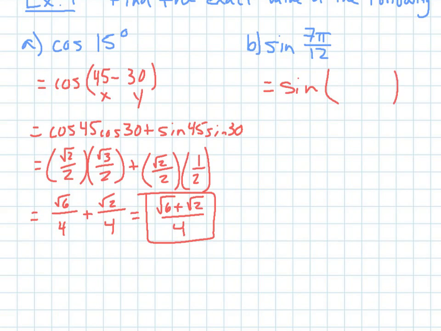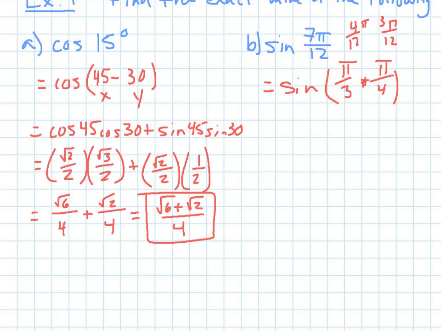Now if I think about two values that give me 7 pi over 12, that would be like taking pi over 3 plus pi over 4. So for that, if I change those to 12s, pi over 3 is the same thing as 4 pi over 12. Okay? Pi over 4 is the same thing as 3 pi over 12. So then if I added those two together, it gives me 7 pi over 12. Okay? So now I've got my two values.